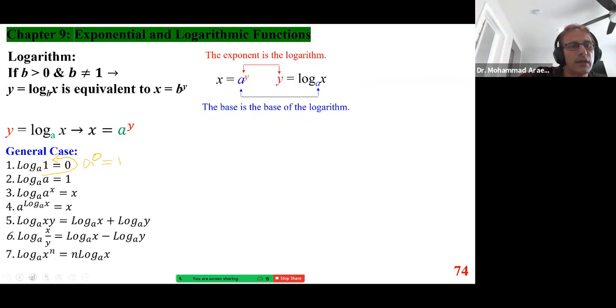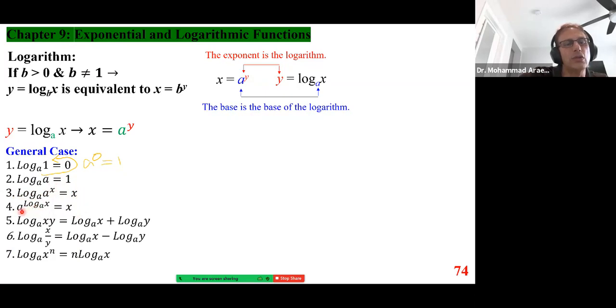And this one, a to the power of 1 is a. These two refer to the fact that exponential functions and logarithmic functions are inverse functions. So when you have log base a of a to the power of x, in essence, they undo each other, they give us x.